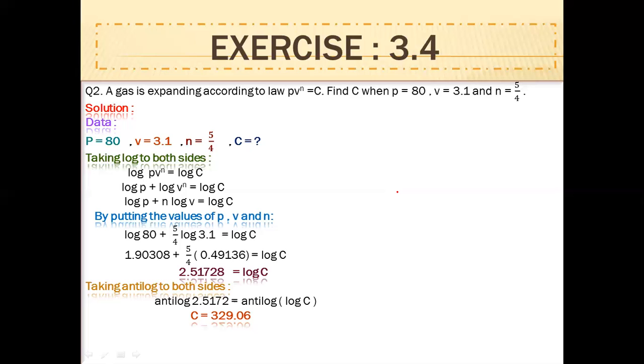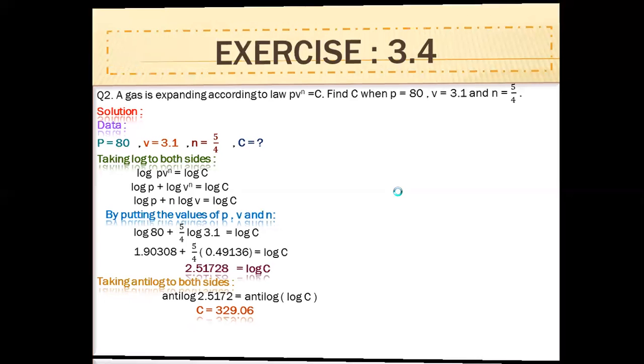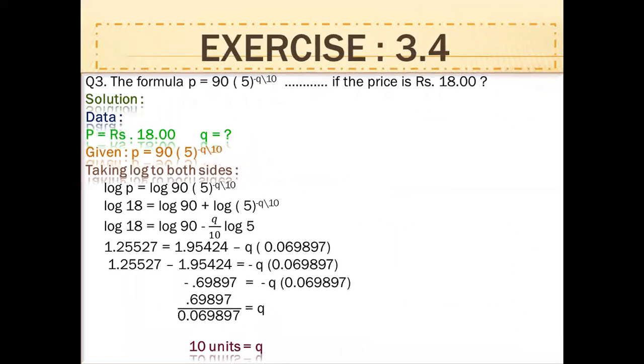329.06 directly by calculator. We don't use the calculator in question 1 because most of the characteristics become negative and the answer will be changed. If you use a calculator in question 1, then where the characteristics are negative, your mantissa becomes wrong. It will be changed.